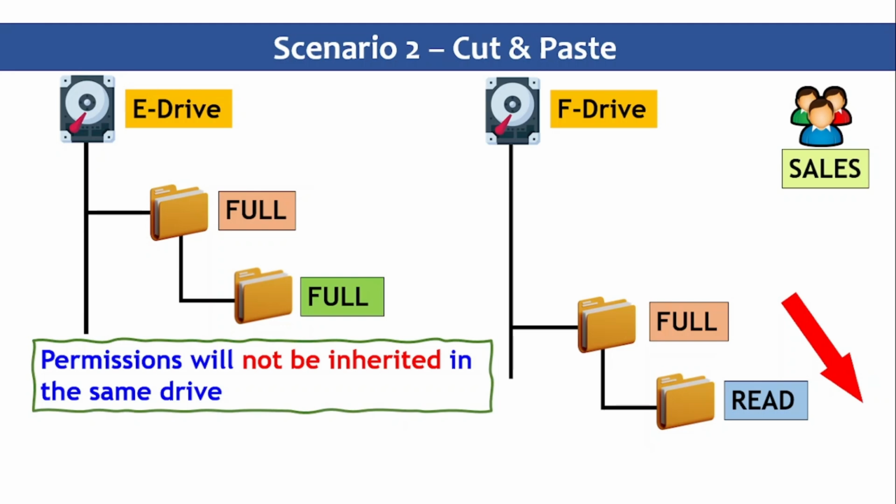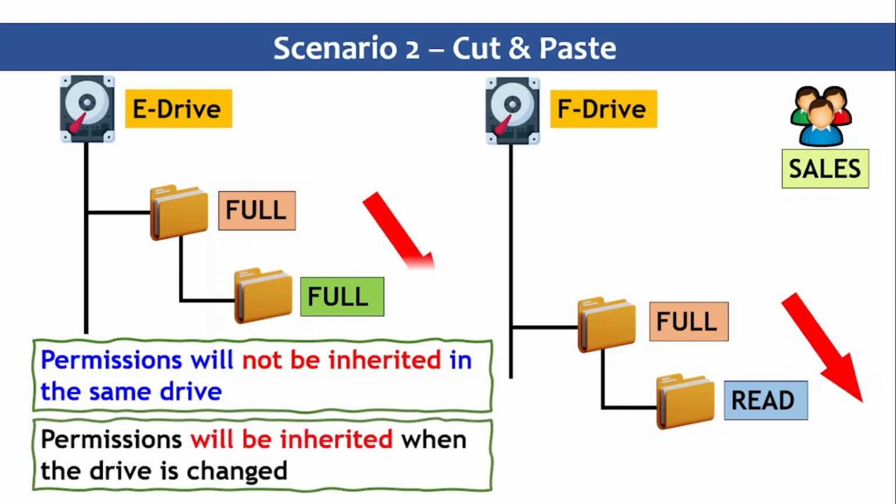So whenever we go for a cut paste operation, permissions will not be inherited in the same drive. So the folder which we cut and pasted under the full on the F drive, the permissions are not inherited. The parent has full permissions, still the child has read.